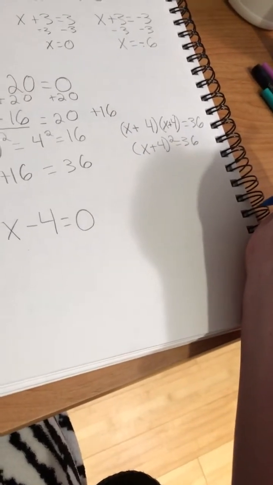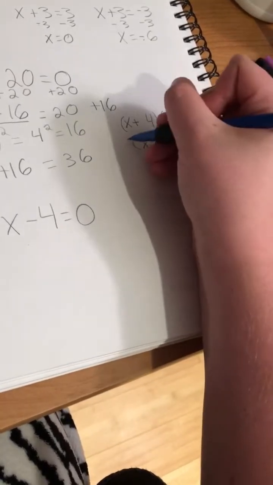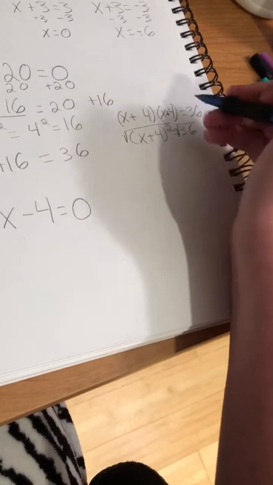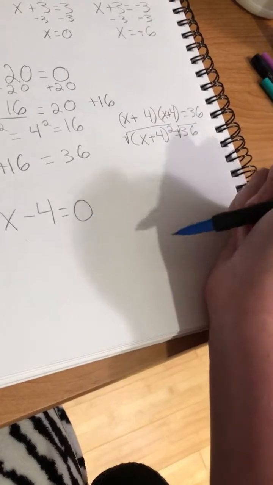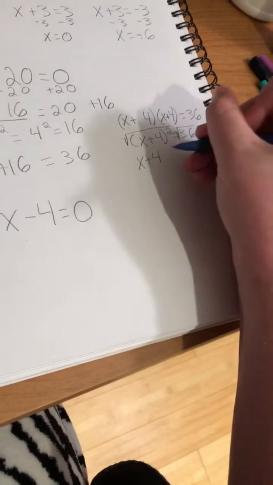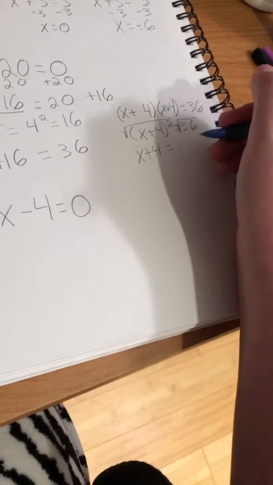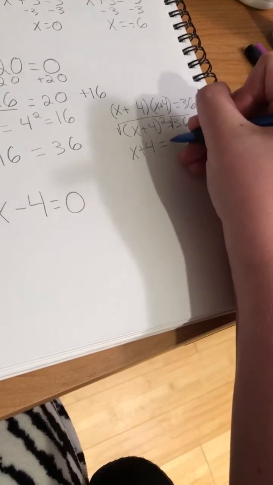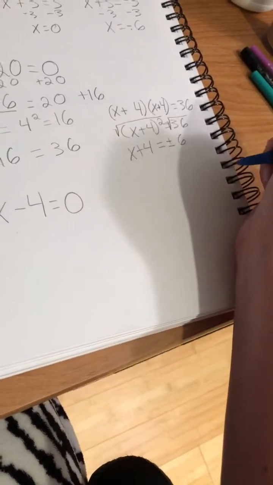And now we want to solve for x. So we're going to solve by taking the square root. And then once we take the square root of the left side, we get rid of the square. So we're left with x + 4. And on the right side, we're left with positive and negative 6.